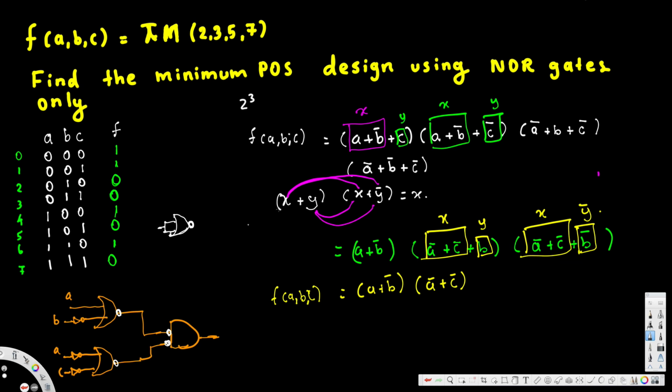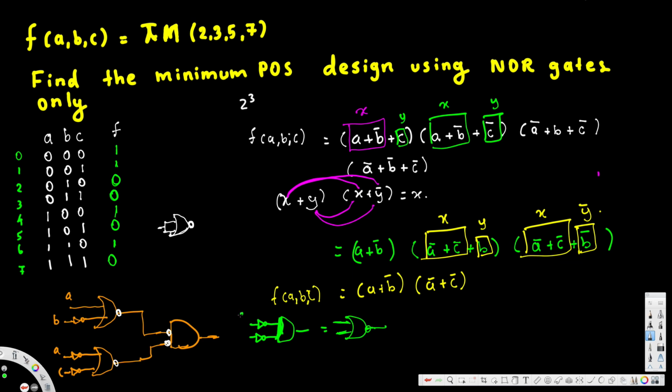Since we are trying to create NOR gates, this is good because we already turned these two into NOR gates, but we have to do something for this one. In order to create the NOR gate for this one, we have to use De Morgan's theorem. De Morgan's theorem says that an AND gate with two NOT gates connected to it is equivalent to a NOR gate, like this.